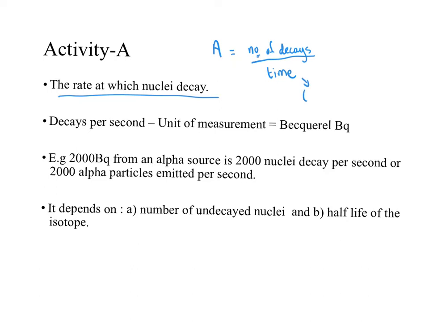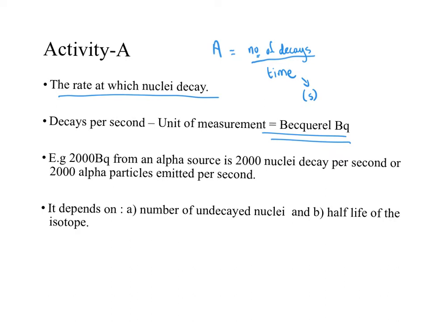If I use time in seconds, then the unit of measurement for activity is becquerels. If the time is in hours or days or years, then the unit won't be becquerel. So if you are calculating activity, it needs to be in seconds for you to be able to get it in becquerels.